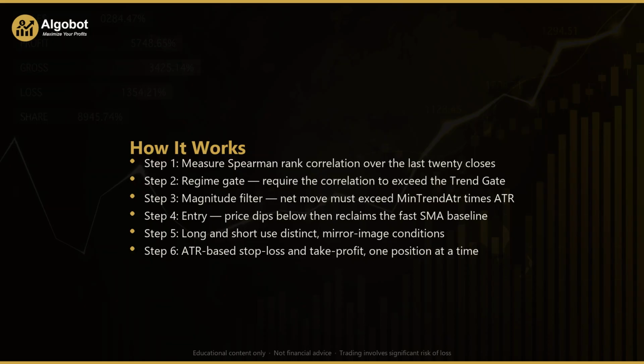Finally, risk management. When a position opens, the stop loss is placed at the entry minus, or plus, SlAtrMult times ATR, defaulting to 2. The take profit is set at TpAtrMult times ATR, defaulting to 3. That default target to stop shape is 3 to 2, or 1.5 to 1. Position size is a fixed lot. Everything is volatility scaled and mechanical.